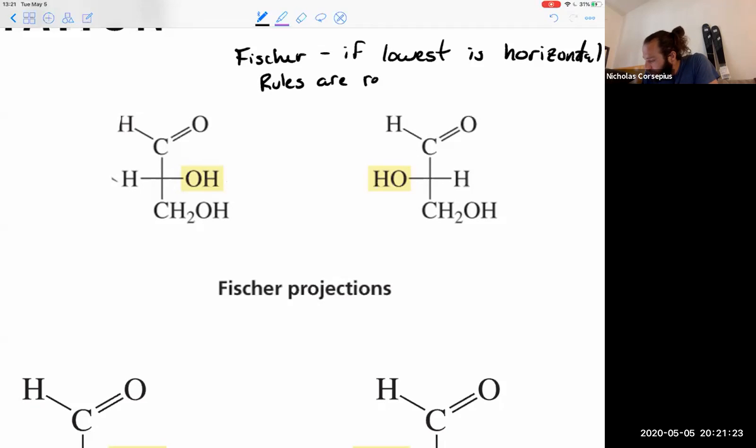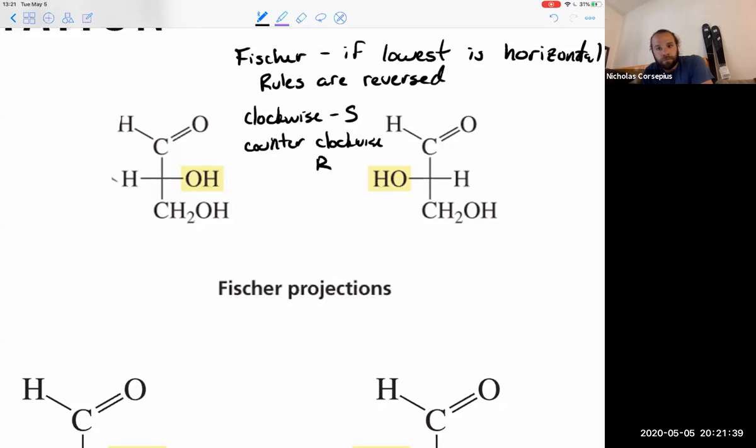When that's the case, the rules are reversed, right? So now clockwise is S and counterclockwise is R. So if I go through and label again, 1, 2, here's 3.